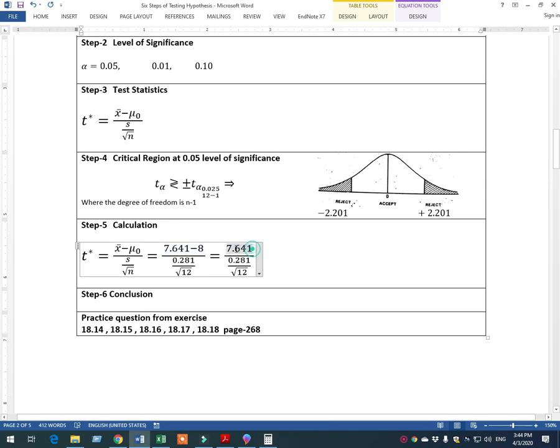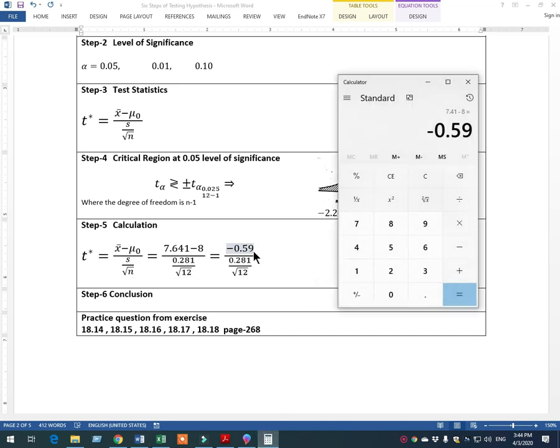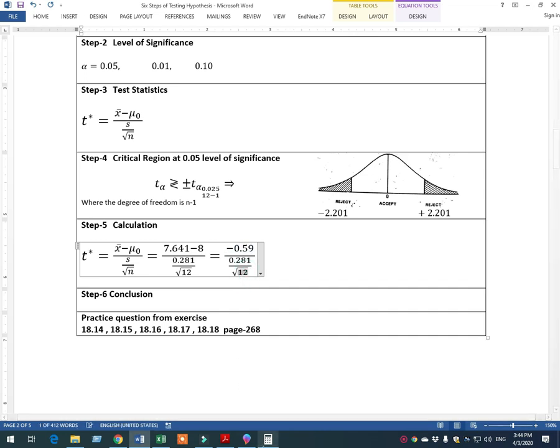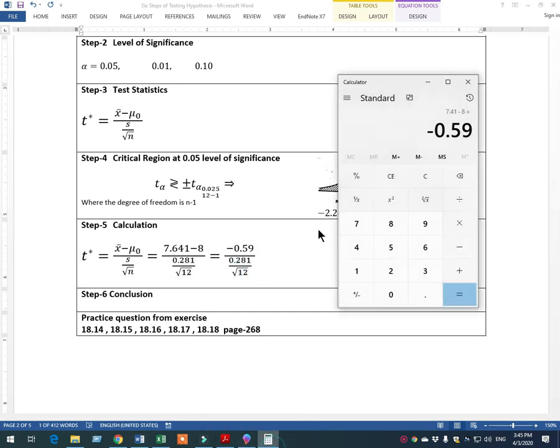Clear? Then the square root of 12 is 3.464.